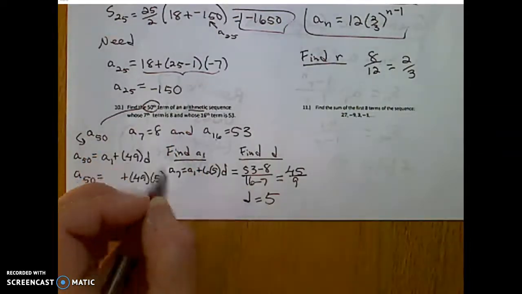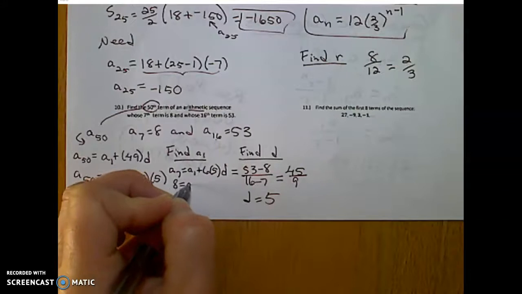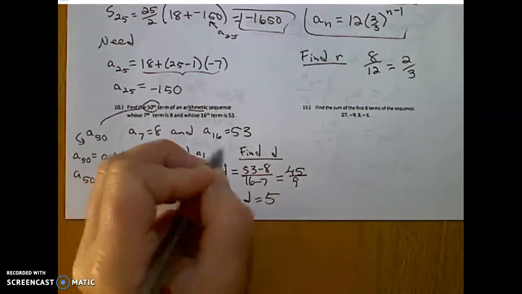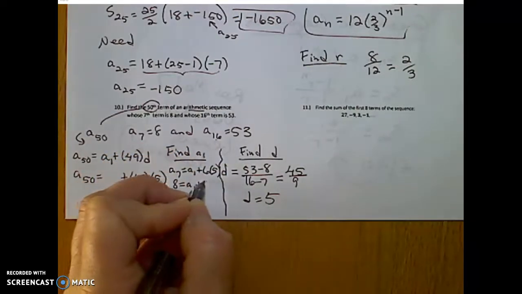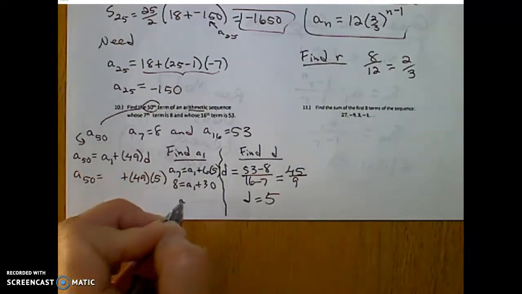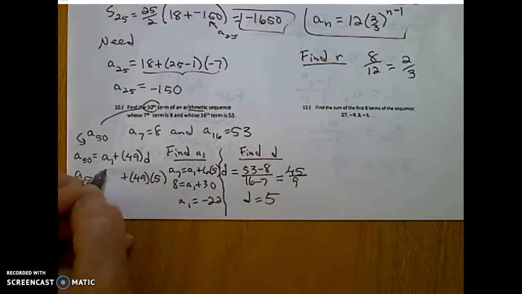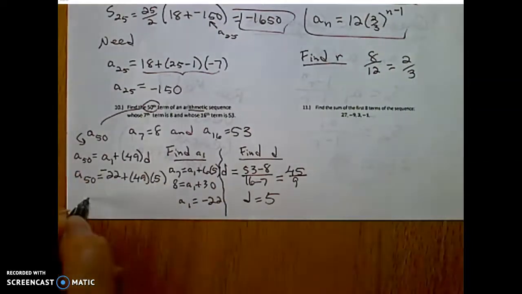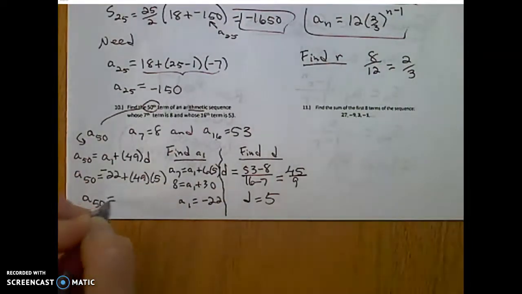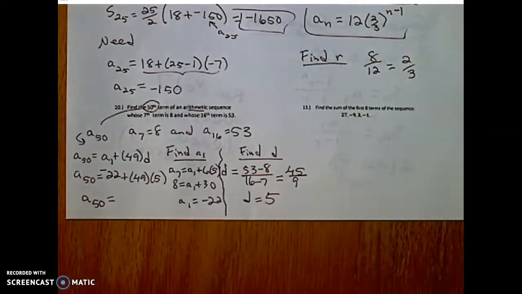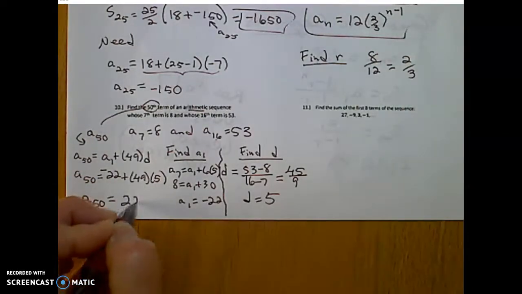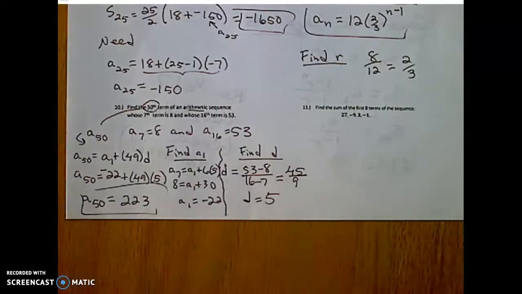So 8 is going to equal the first term plus 30, and my first term comes out to be negative 22. Giving me a sub 50 is negative 22 plus 245, and I get the 50th term to be 223. All right, see how you did on these so far?